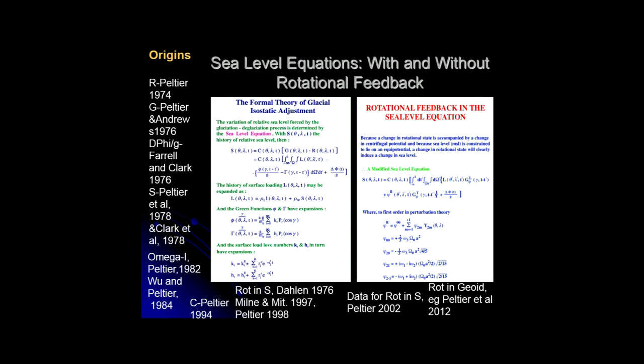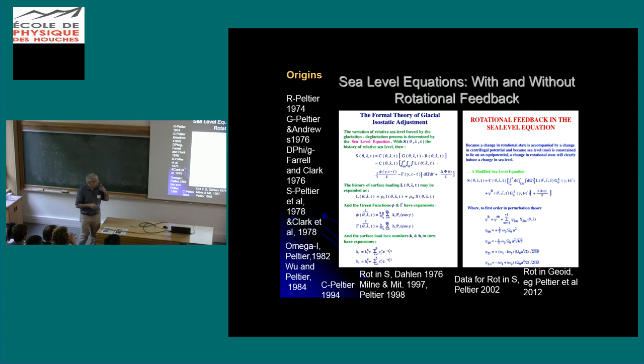So to do this, we can use a theory that I've developed over the last many years. The guts of this theory is based on an integral equation for relative sea level history that is driven by any space-time variation in continental ice thickness.